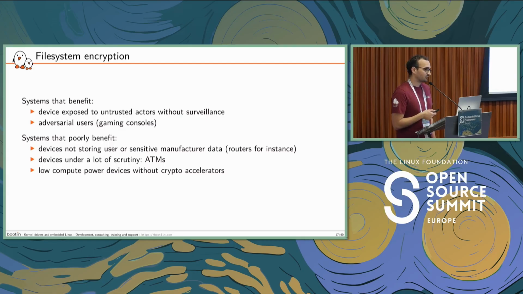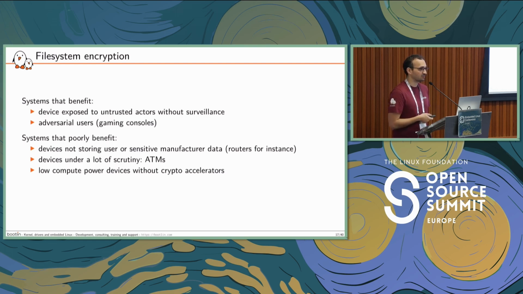If your system is not storing user data or significant sensitive IP, it might not be super worth it, because you're going to complicate your provisioning, you're going to complicate the boot of your system and the overall thinking of how your system works for low gain. So you might want to not do that. So typically, small routers, I'm not sure it's worth it. If your system is being surveilled constantly, the answer to this physical security problem is not necessarily encryption.